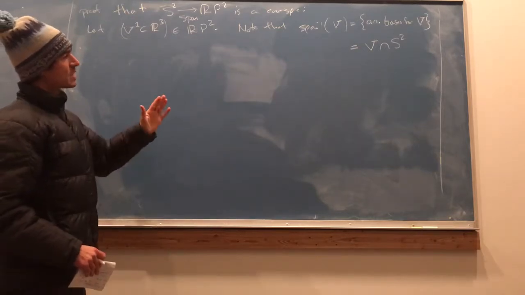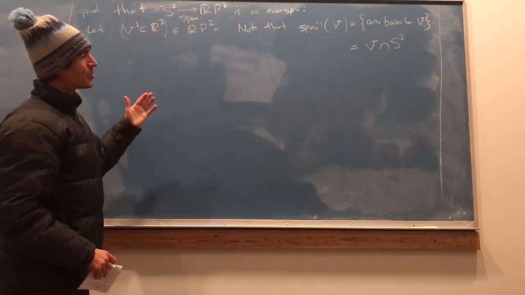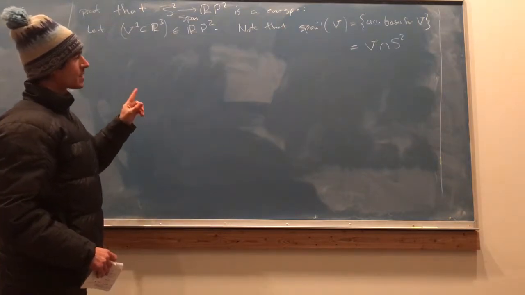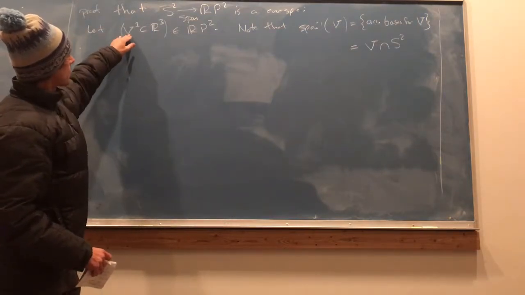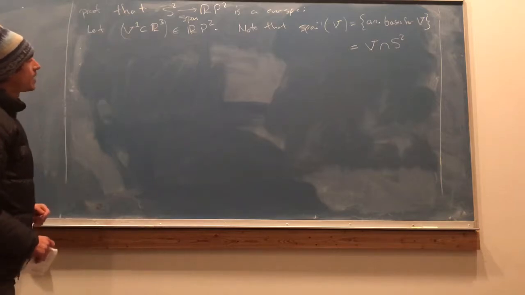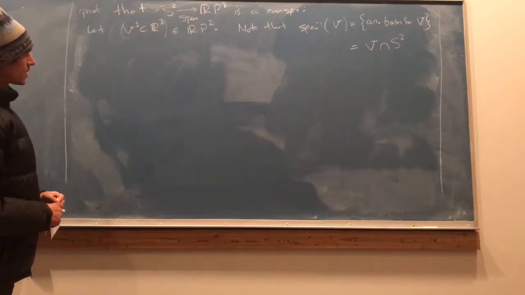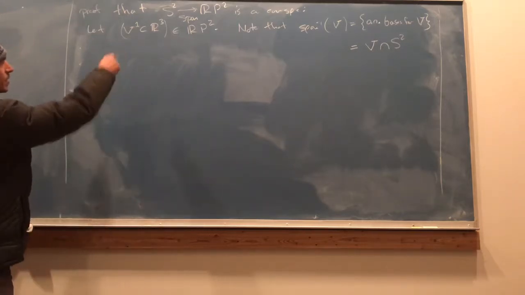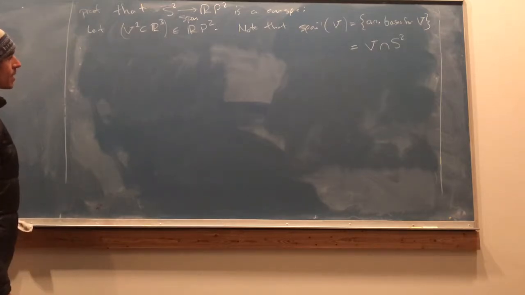And furthermore, is it possible to make that choice continuously, at least among close enough neighbors of V? So that's the problem we're facing in showing that span is a covering space.